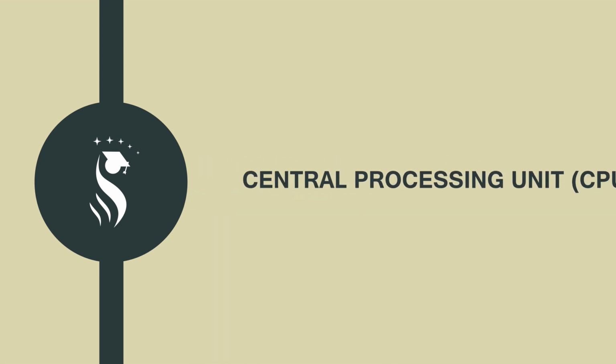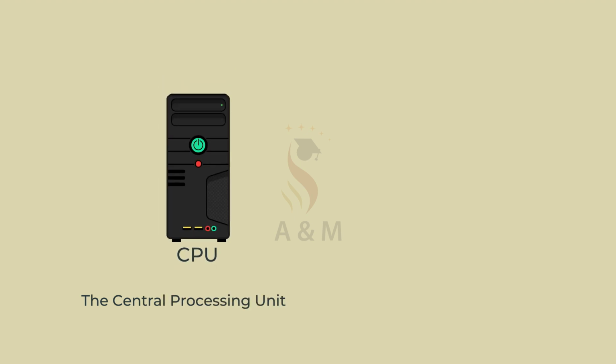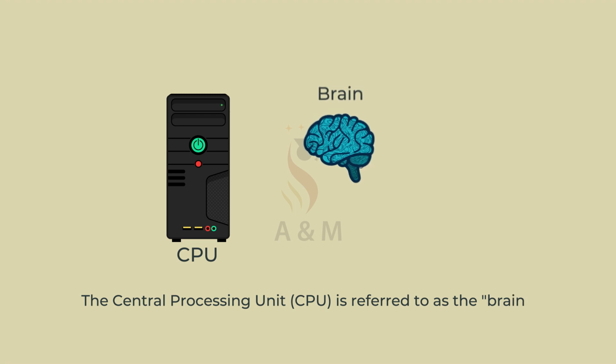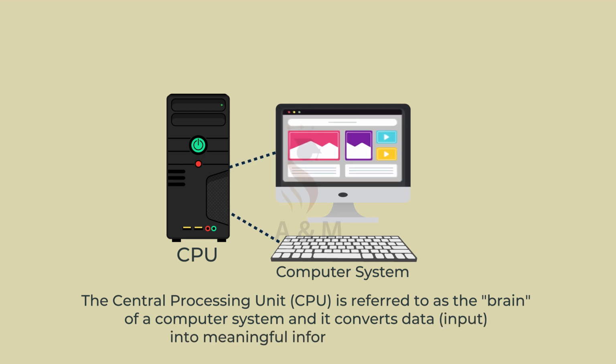Today, in this session, we are going to discuss the topic Central Processing Unit, that is CPU. The Central Processing Unit, that is CPU, is referred to as the brain of the computer system, and it converts data, that is input, into meaningful information, that is output.